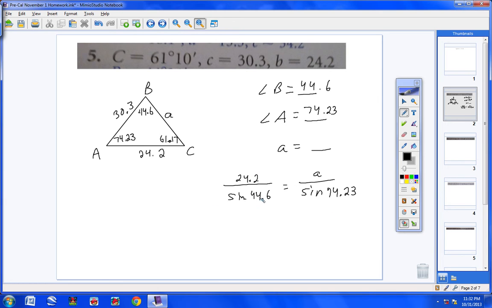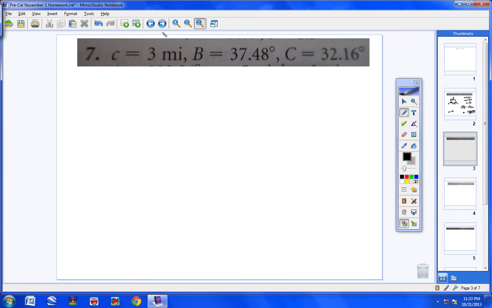If I cross multiply and then divide, I will end up with 24.2 sine 74.23 over sine of 44.6. If you type that into your calculator correctly, for letter A you will get 33.3, or just 33 if you choose. So there we go. We solved the triangle. Let's move on to number 7.